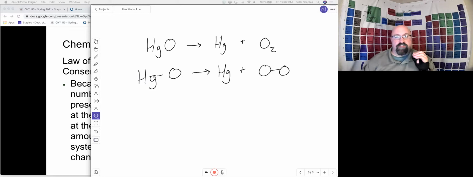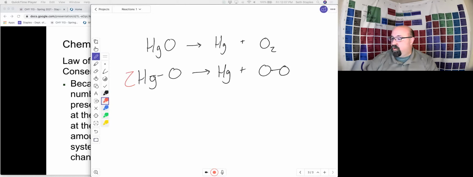That additional oxygen could not have come from nowhere. We can't just materialize it because that violates the law of conservation of mass. What we can do, however, is say that we started with 2 of that entire molecule. That gets us to the 2 oxygens that we would have had to start with in order to end up with our 2 oxygens.